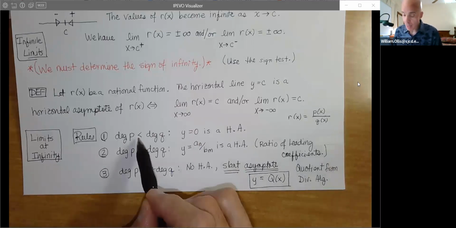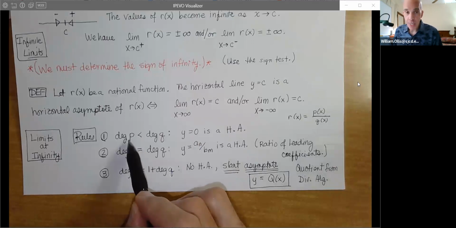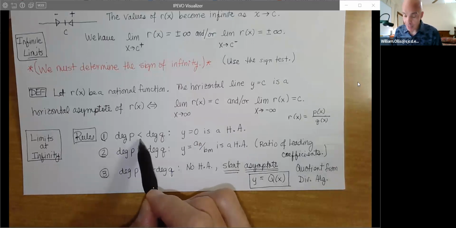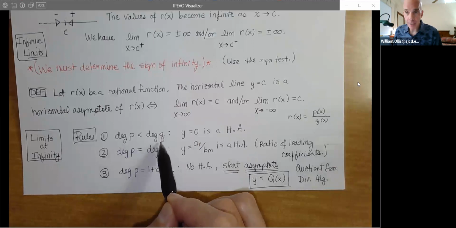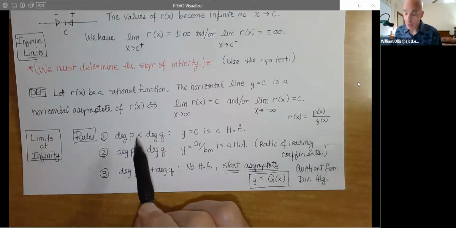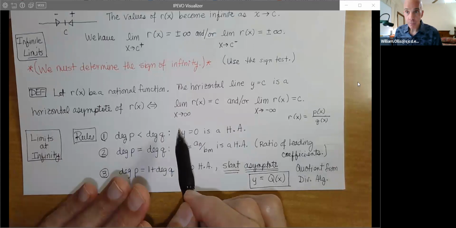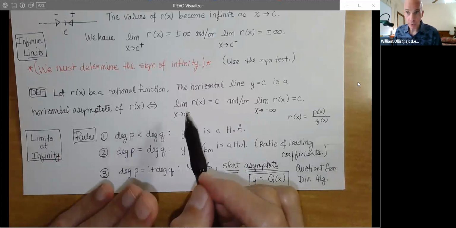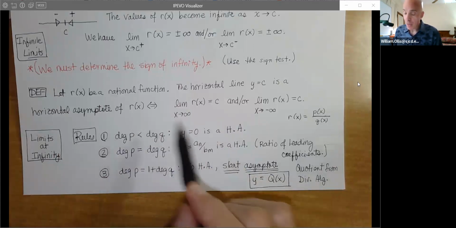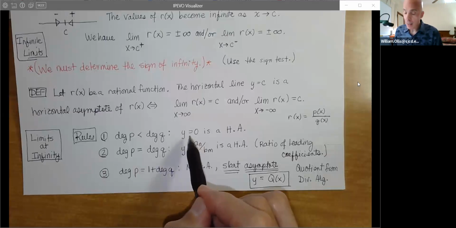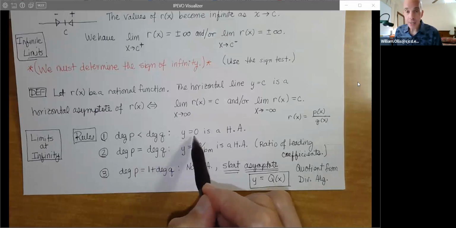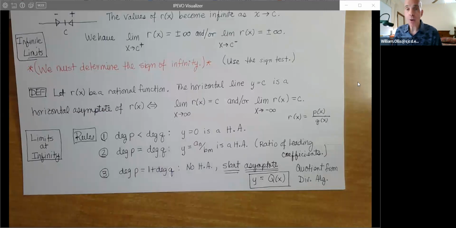Well, in the first case, if the degree of the numerator is less than the degree of the denominator, 1 is less than 2, 0 is less than 1, something like that, then we automatically get the x-axis or y equals 0 as a horizontal asymptote. That's automatic. No work past that.